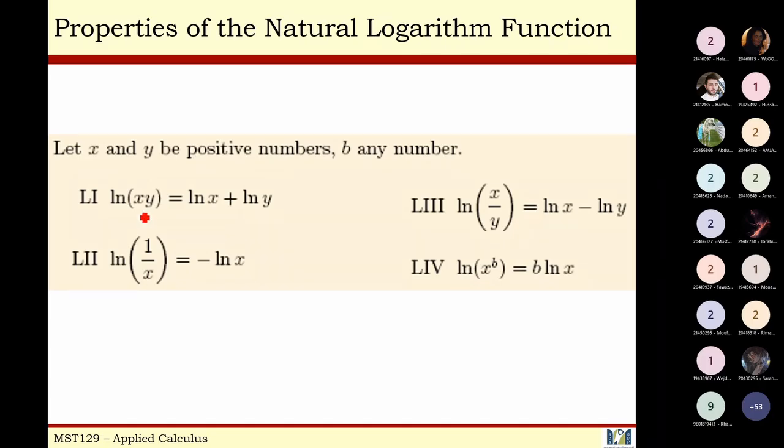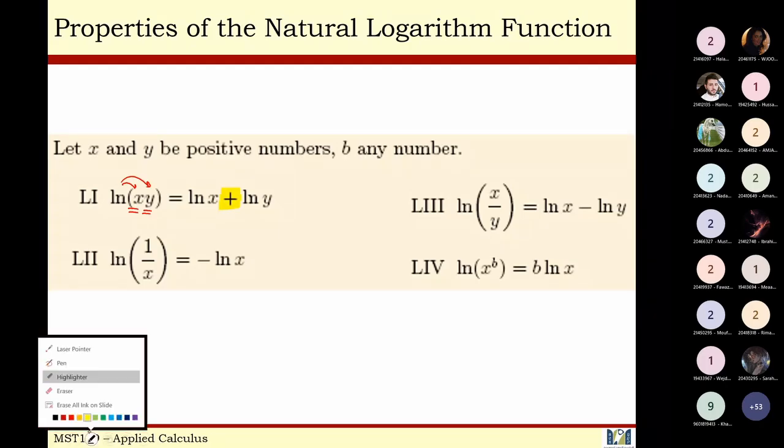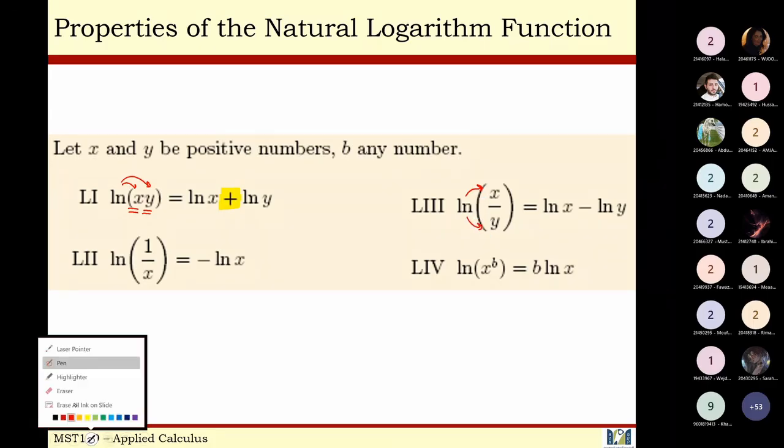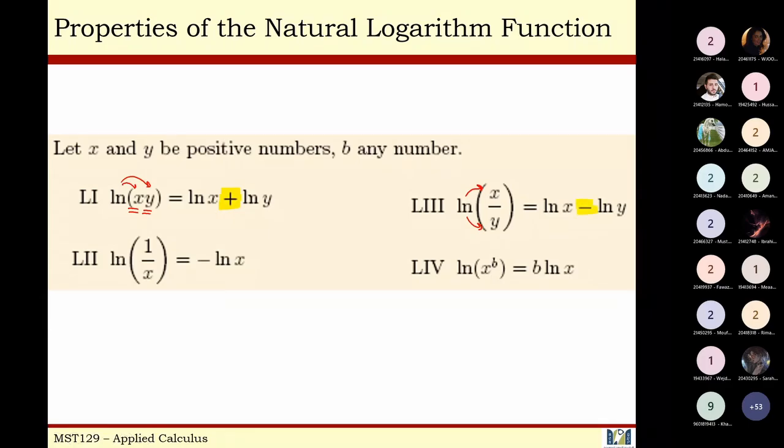If we have two terms multiplied together like this, x multiply y, two brackets multiplied together, we can distribute the ln on the x and y, but put a plus between them. And if we have a fraction, we can distribute the ln on numerator and denominator, but put between them a negative or subtract.